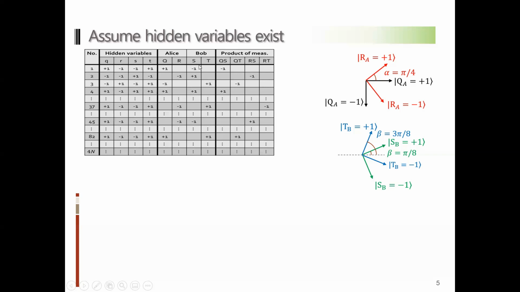And Bob also randomly chose to measure along the S basis, and in that specific case, he measured +1. So in this case, we only have the measurement values of R and S, so we can calculate the product of these two values, and we will obtain -1. And we will continue like this.